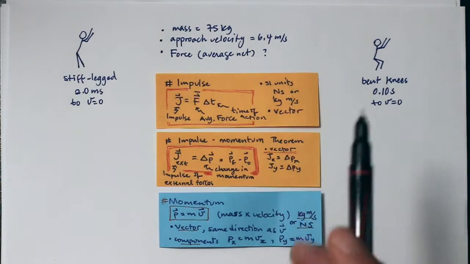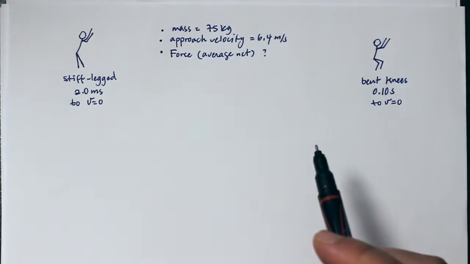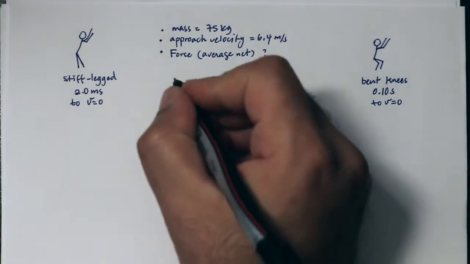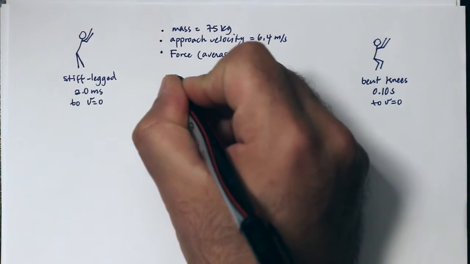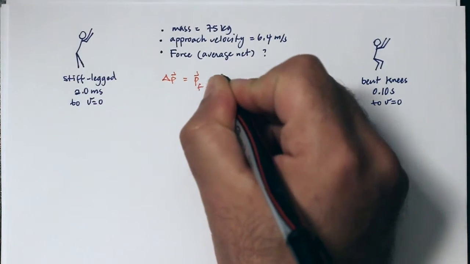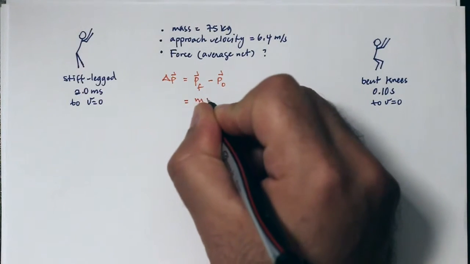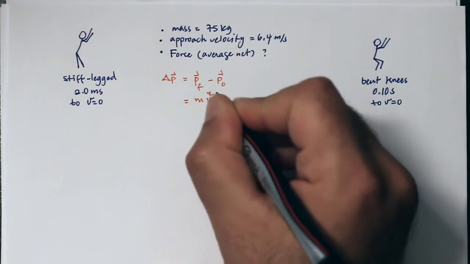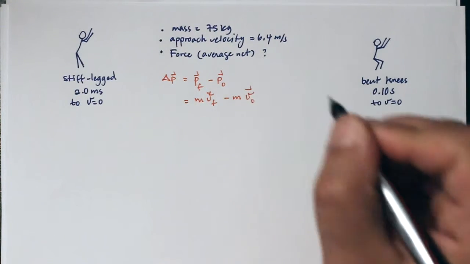So in both cases, I can calculate the difference in momentum. The change in momentum is equal to the momentum final minus the momentum initial, which is equal to the mass times the velocity final minus the mass of the man times the velocity initial.